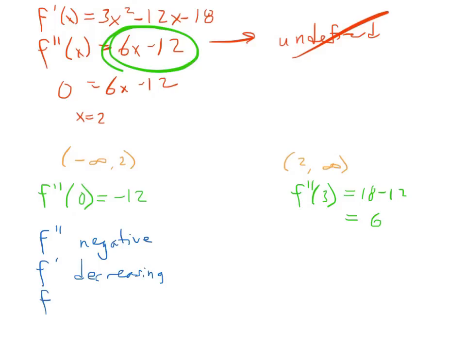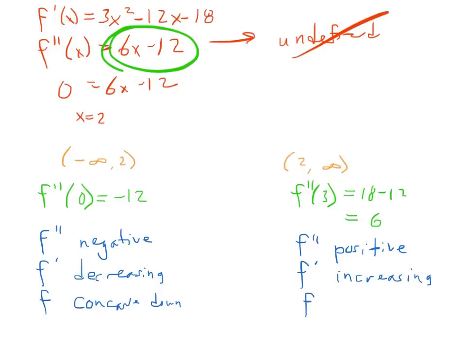And that means that the original function is concave down. Right? Over here we have the second derivative being positive. We have the first derivative increasing, and therefore we have the function being concave up.